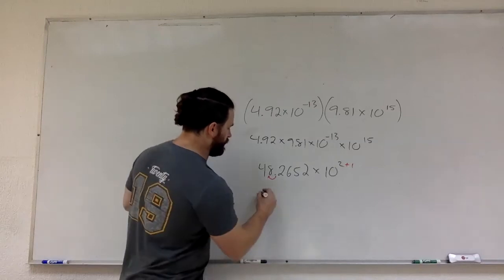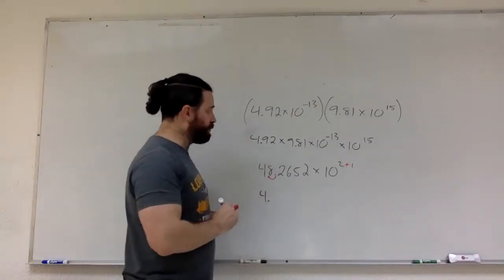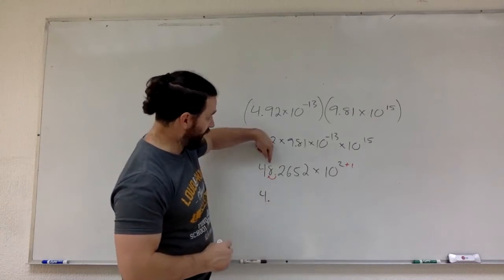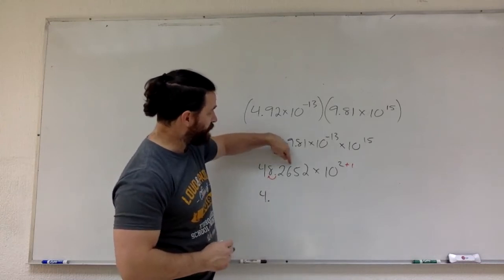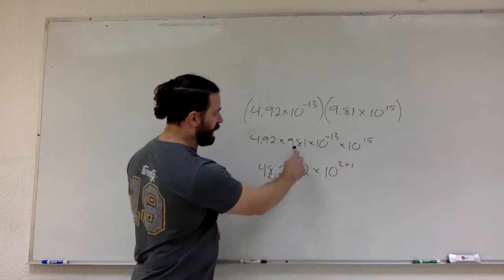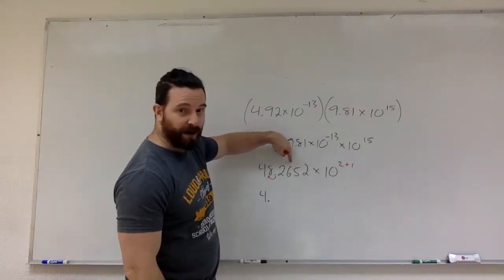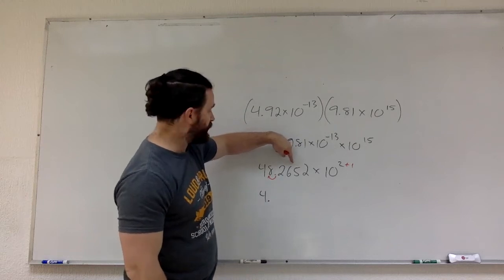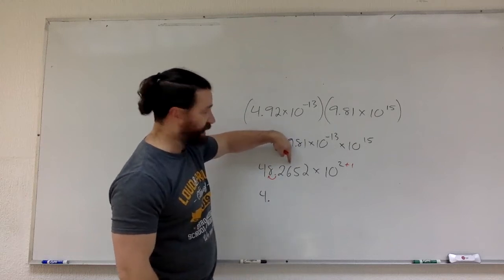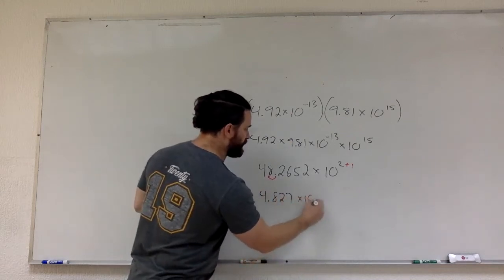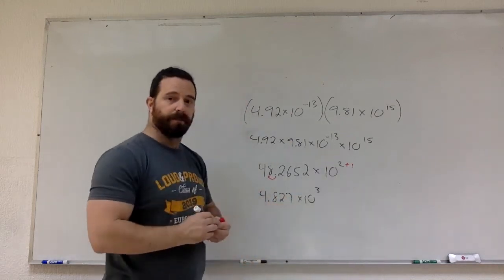Remember, behind the decimal, I only need 3 digits. So that means I'm going to use the 8, the 2, and the 6. But rather than just cutting the number off, if this digit is going to cause this one to round up, then I'm going to need to round it up. So this is going to be 4.827 times 10 to the third.